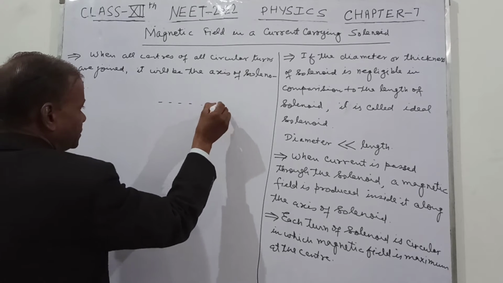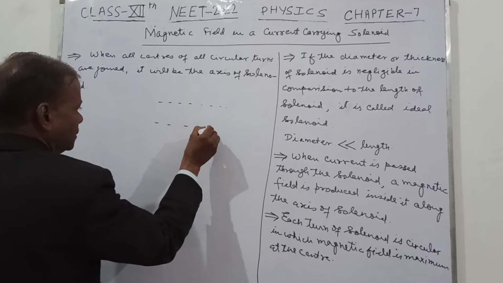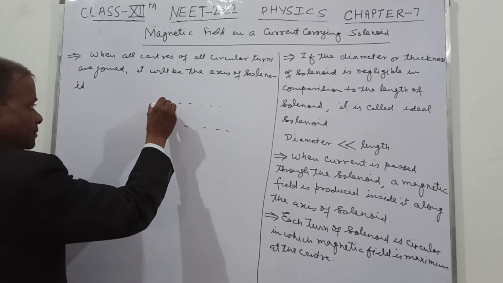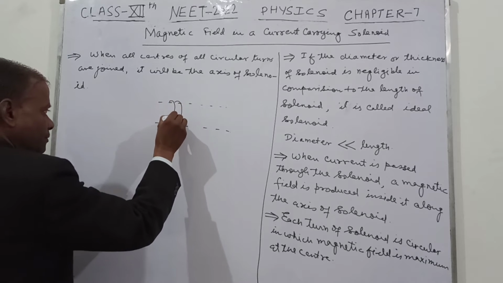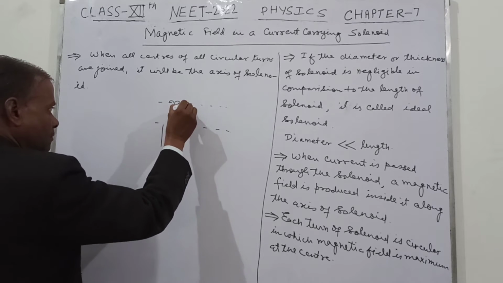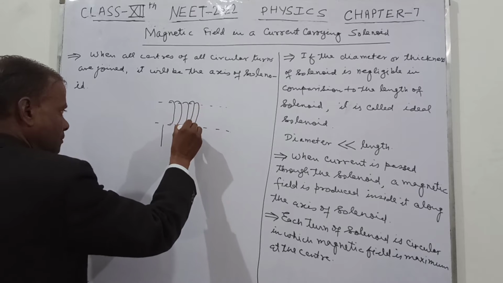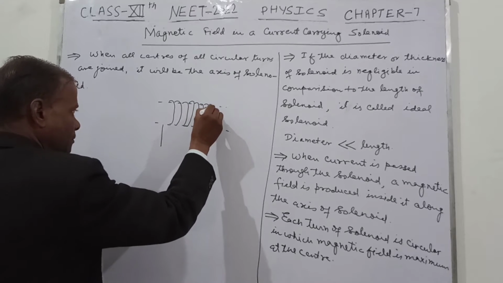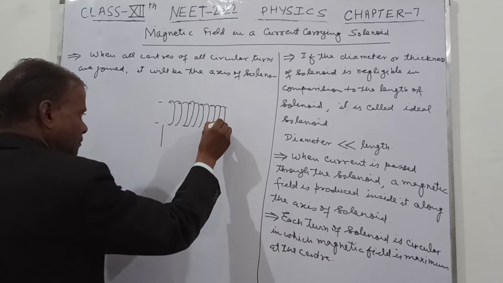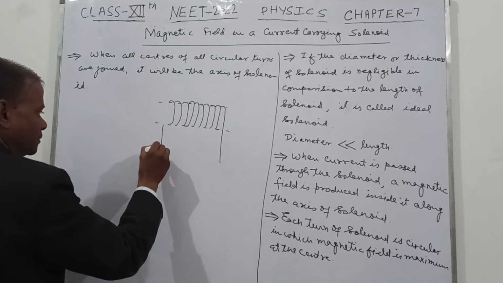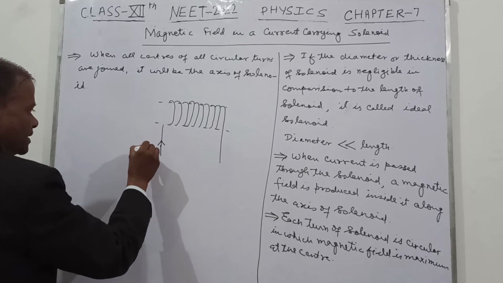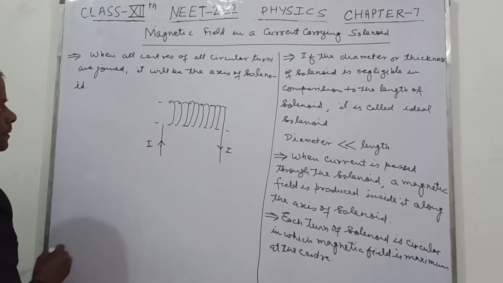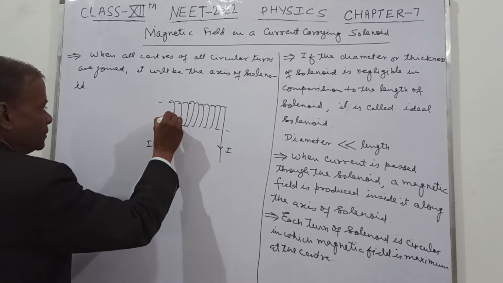Better to take it like this. This is now from inside, then to this. This will come in this way. Suppose this carries the current I. Then this current will be like this one.